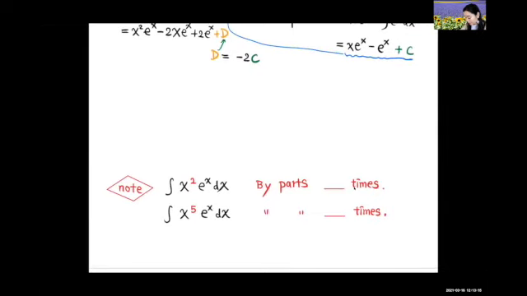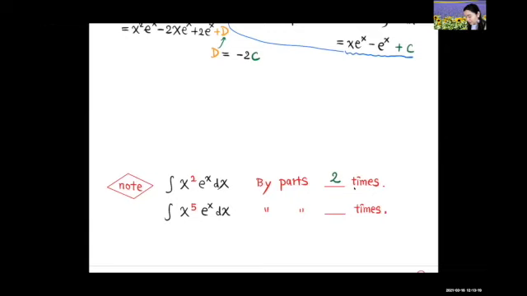So we use integration by parts twice. So if it's like x to the 5th power e to the x, when you integrate this function, we're going to use integration by parts how many times? 5 times. I'm not going to ask you to do that.